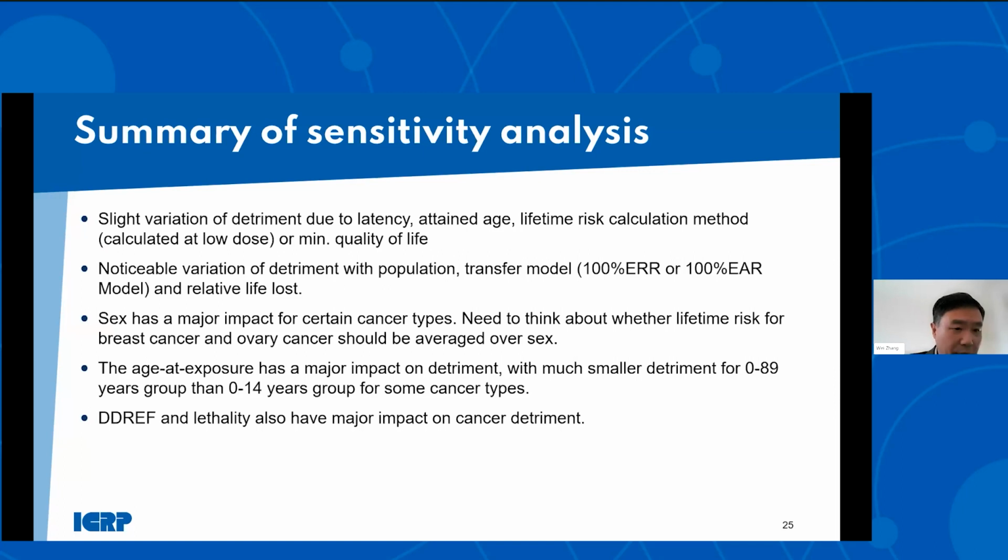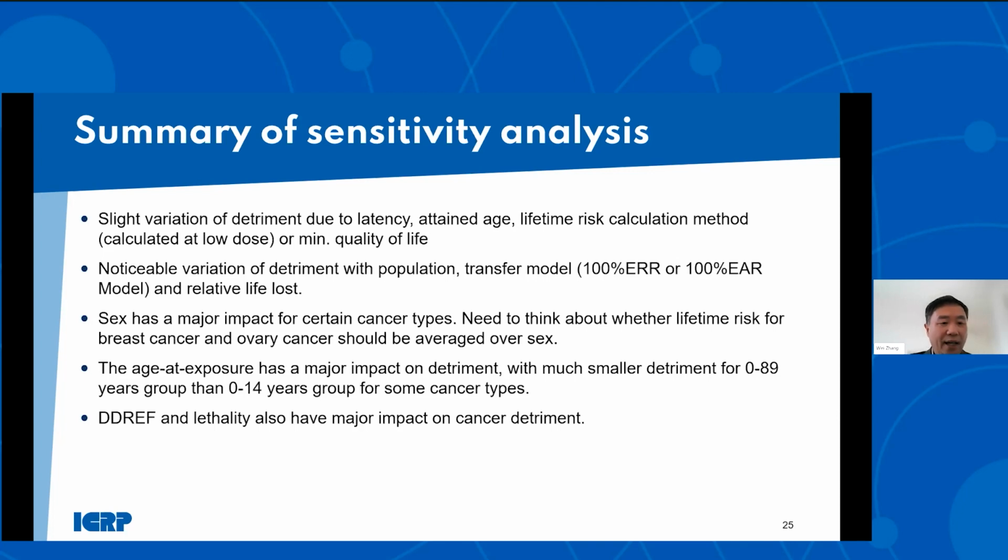There's a noticeable variation of detriment with the population, with the transfer models, either 100% ER or 100% EAR, or combined together. And also there's a noticeable variation with a relative life lost. The factor of 6 has a major impact for certain cancer types. Need to think about whether lifetime risk for breast cancer and ovarian cancer should be averaged with over 6.